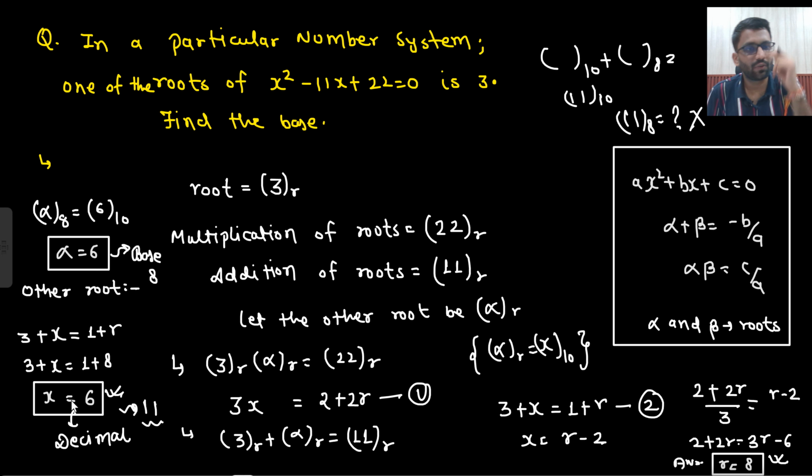Now your task is to convert this decimal into base 8, because your given base is 8. You need to check whether the given options are in base 8 or base 10. The answer you are getting is in base 10, so you need to convert it to base 8. Luckily we get the same answer.